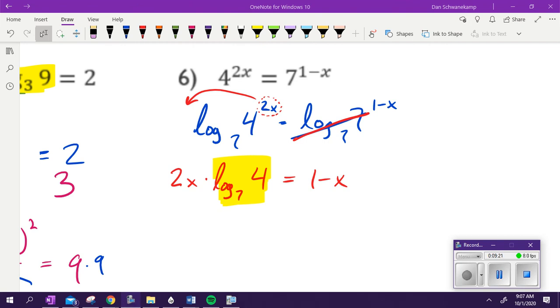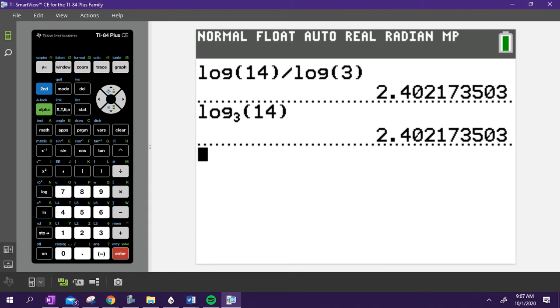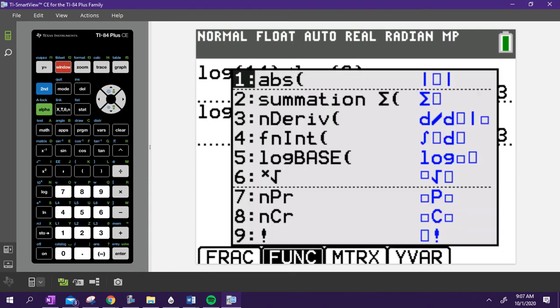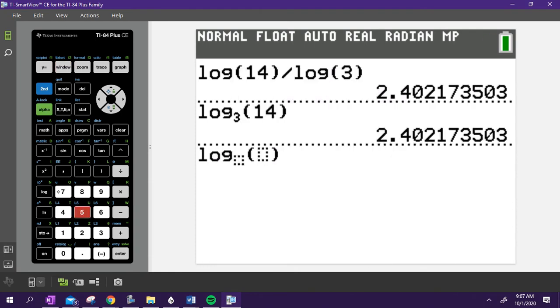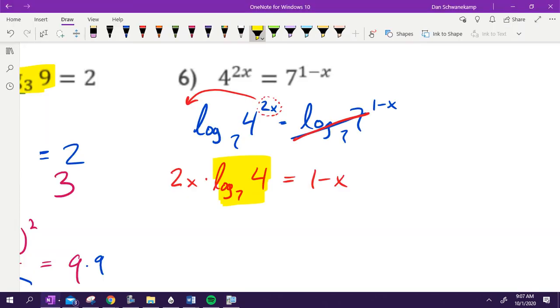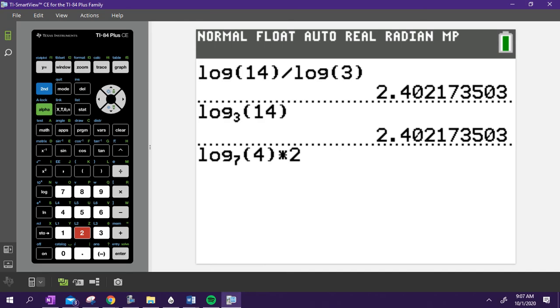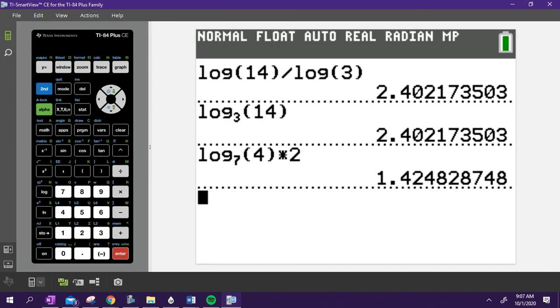So in my calculator, I'm doing log base 7 of 4. I'm going to go alpha F2, log base 7 of 4, and I'm taking that times my 2, because it was this times 2x. So I type that into my calculator, I hit enter, and I get this number. I'm going to write down the rounded answer on my paper, but I'm not actually going to round it.